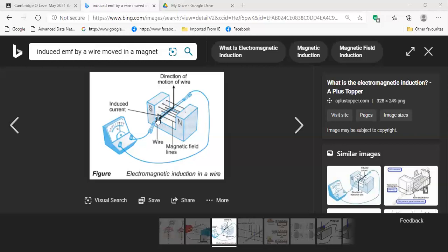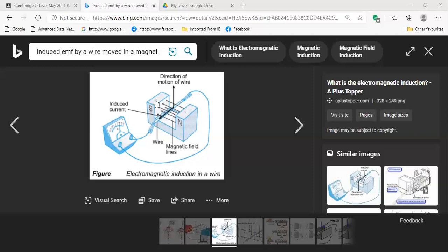That's why it is written here, electromagnetic induction in a wire. And this process follows Fleming's right hand rule. Look, here the thumb is upwards and the magnetic field is to the left side. If you use your right hand, then with the thumb upwards and the magnetic field to the left, your current direction is towards you, right?